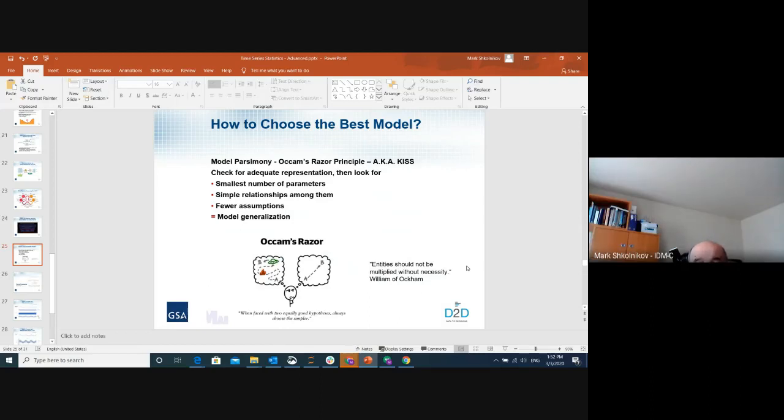You pick the one that has the smallest number of parameters, the simplest relationship among the parameters, and you make fewer assumptions. This means the fewer parameters, the fewer constraints you apply to your model, the more generalized it is. And generalization is good because you are going to apply it to a different set of data than the data you trained on.